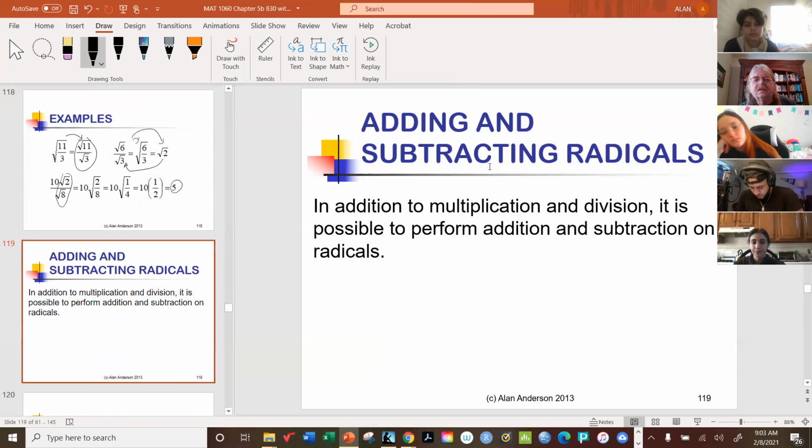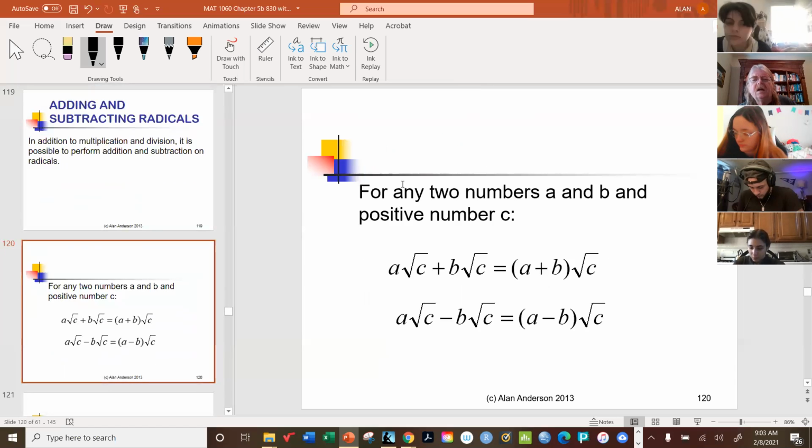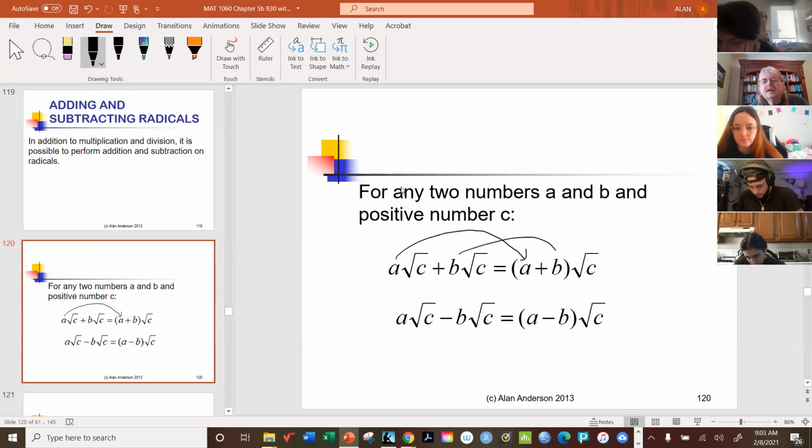So here's why. If you notice, this is probably exactly what you were expecting to see. I combine the A and the B, but you notice I'm adding them because this is addition. And if you notice, they both have the same radical. And then with subtraction, exactly the same.